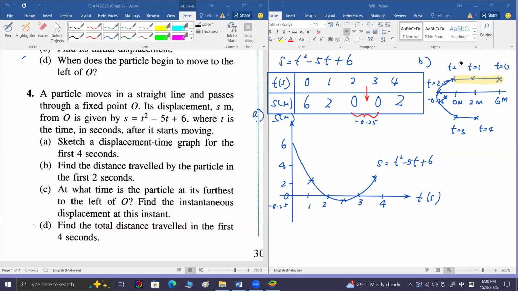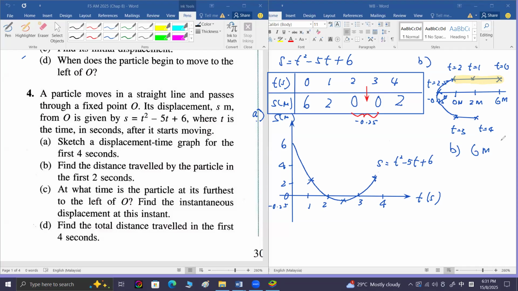Sorry, this is 2. T0 at 6, T1 at 2, T2 at 0, see? Okay, see the yellow line. The yellow that I have shaded means it moves from 6 to 0. So, okay, you tell that it is 6 meter.